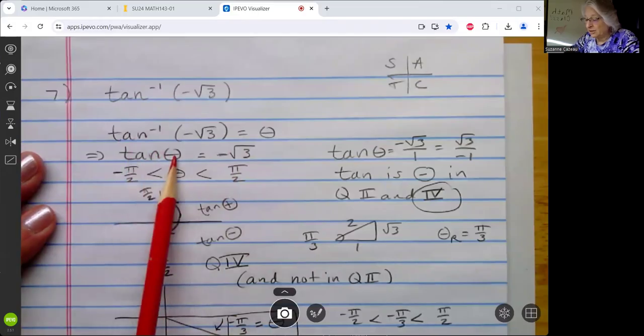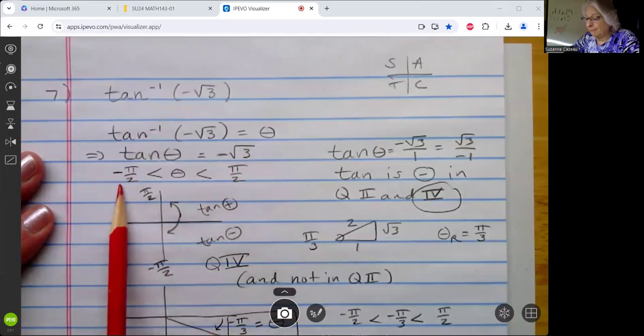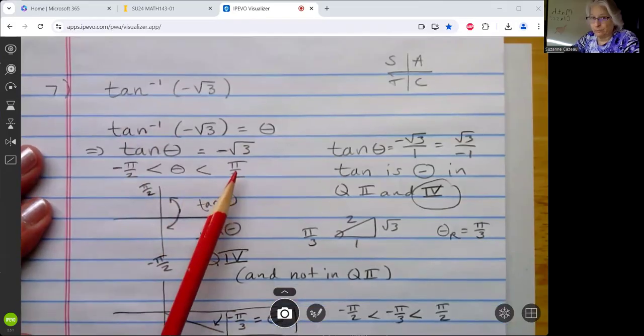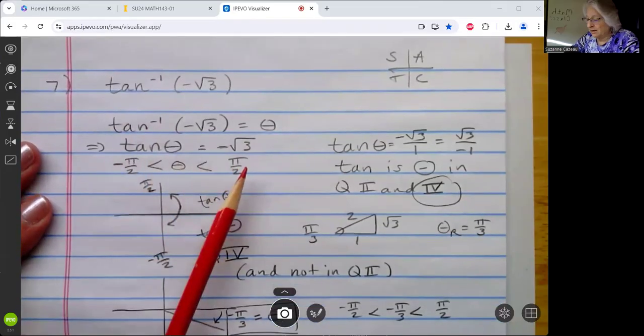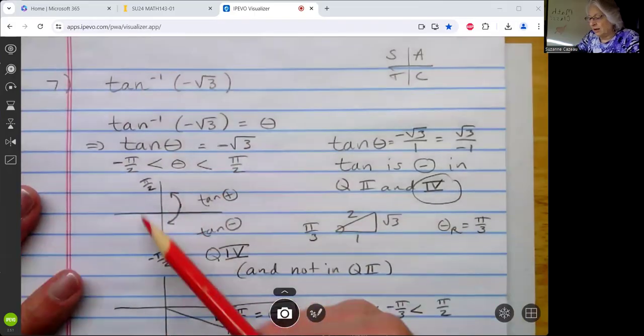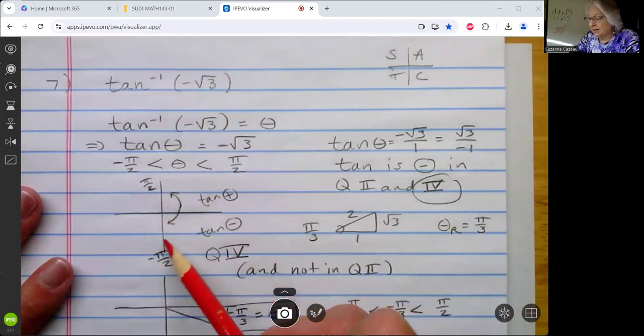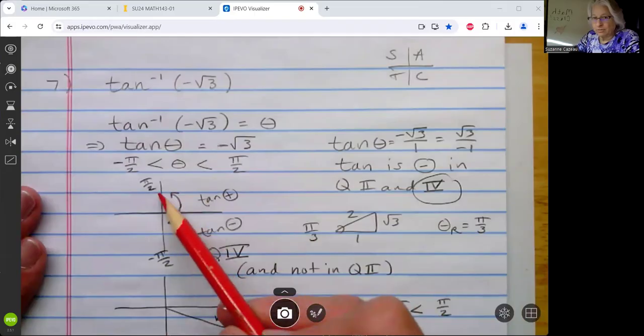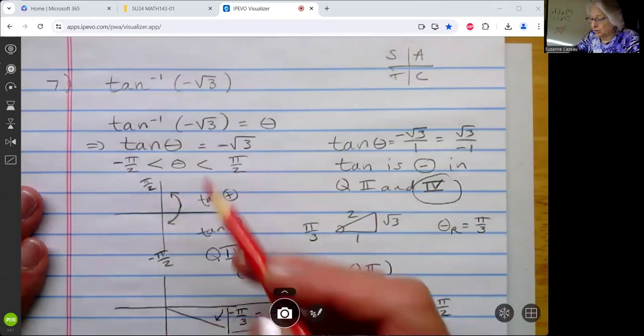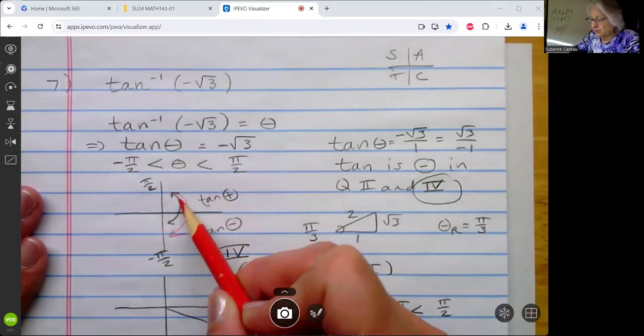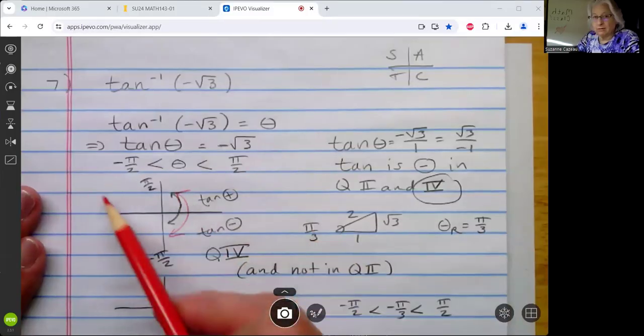Theta on the tangent can only be between -pi/2 and pi/2. If you think of it on the Cartesian coordinate plane, that's going to be in quadrants 1 and 4. That's where theta is. It's here or there. You can't be over here or over there.